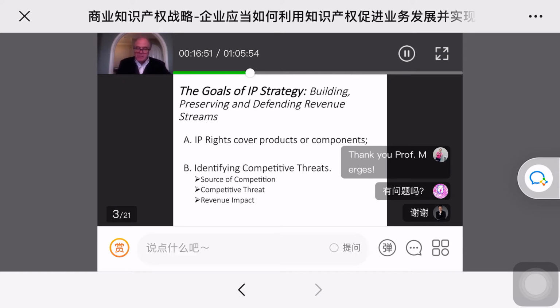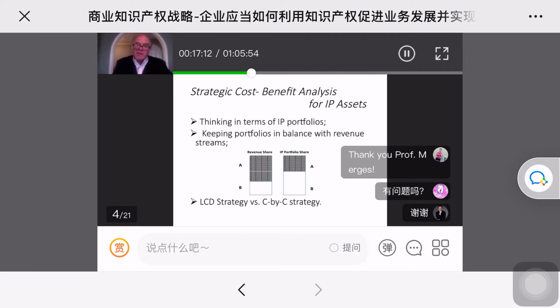That's really the best way to think about IP rights. And notice that I use the term portfolio. That's a term we use in the book a lot. It's a way of thinking about intellectual property which is typical for business people. The portfolio just means the entire collection of all of a company's IP rights.